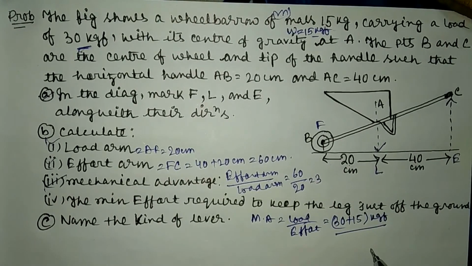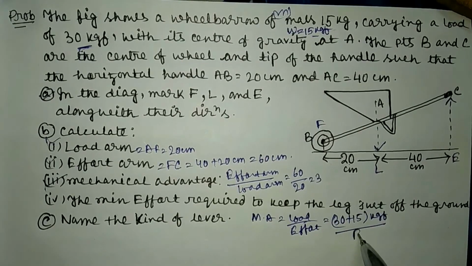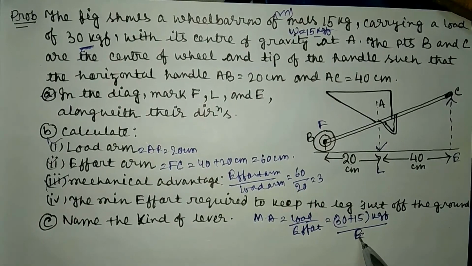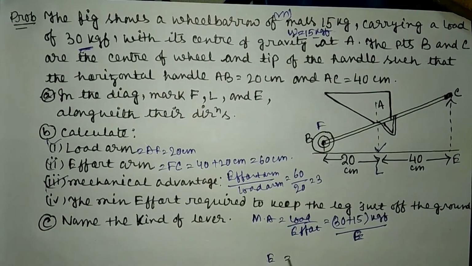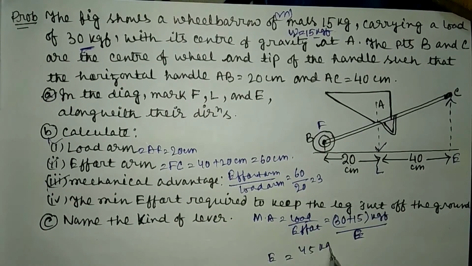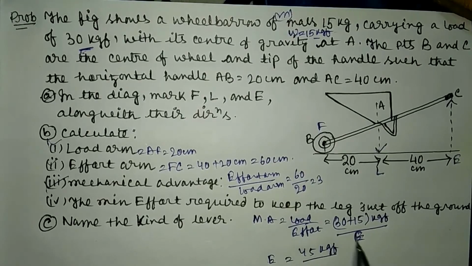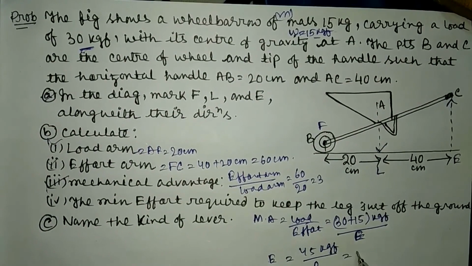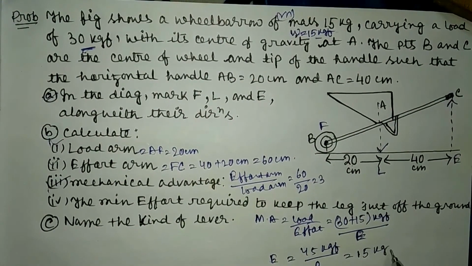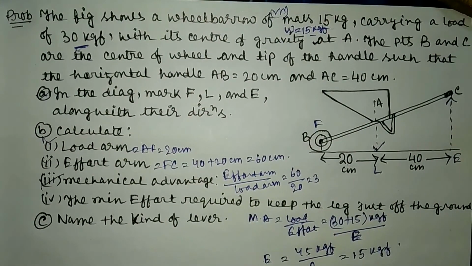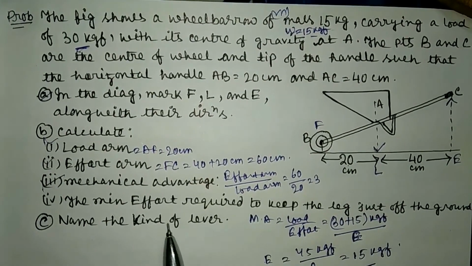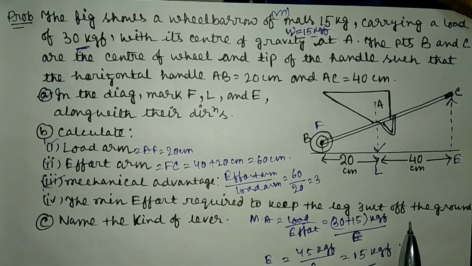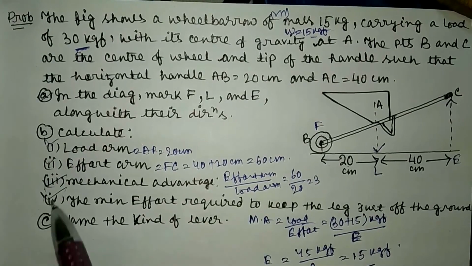Effort should be calculated, therefore the effort equals 45 kgf divided by mechanical advantage, the known value, which is 3. Therefore the effort is equal to 15 kgf. Okay, this is the minimum effort required to keep the leg just off the ground.